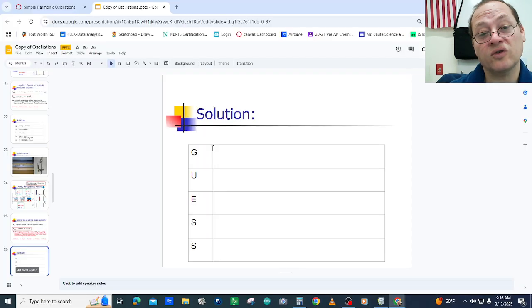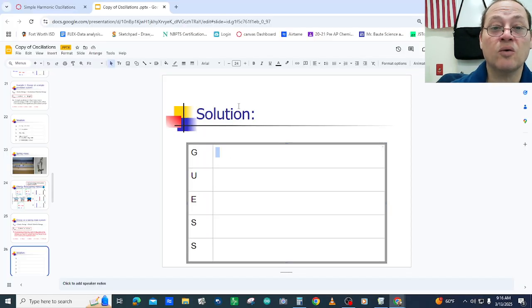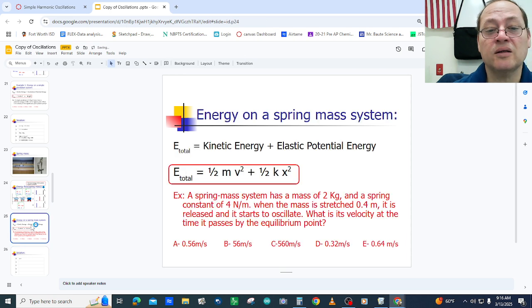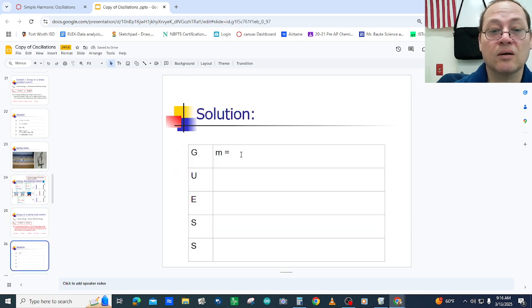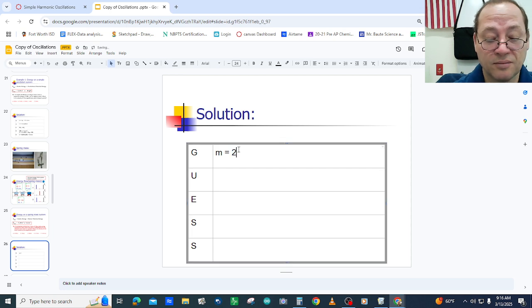Same situation or similar situation. So we have the mass. How much is the mass? It says 2 kilograms. All right, same mass as before.